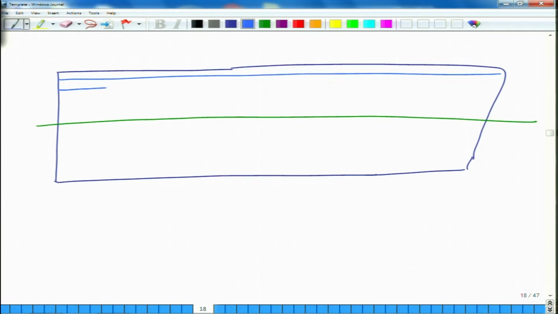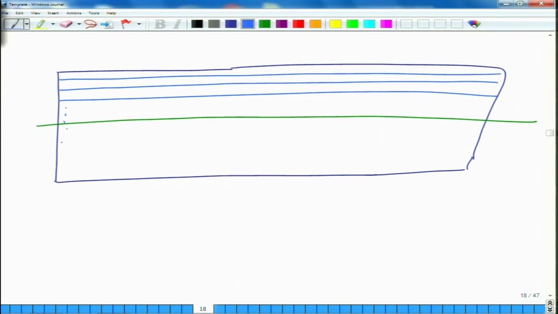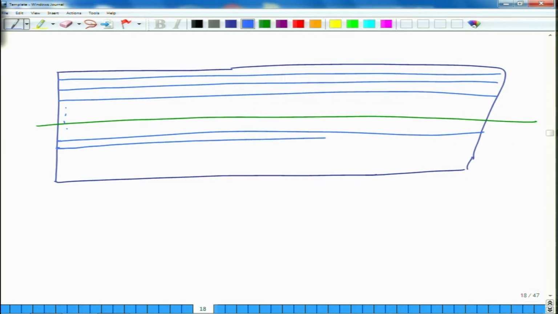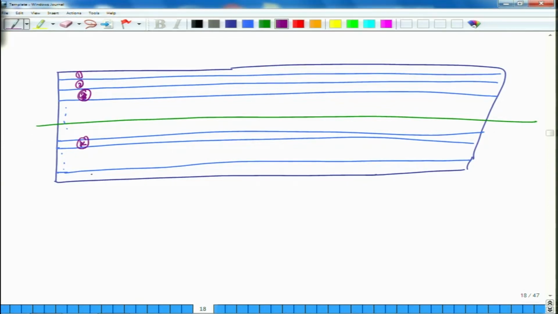This is the first layer, second layer, third layer, and so on, and let us say this is the kth layer, and then we could go on, and this is my nth layer. First let us number these: layer number 1, 2, 3, kth layer, and this is the nth layer. So, the total number of layers is n.